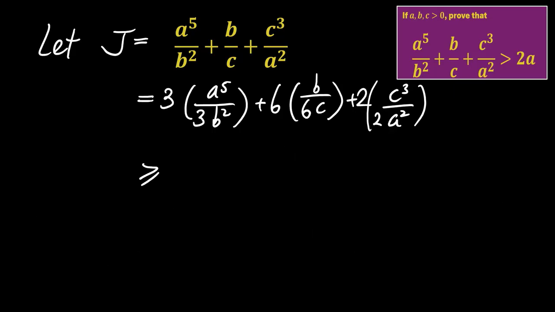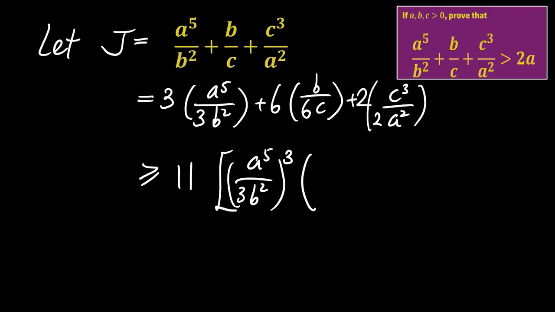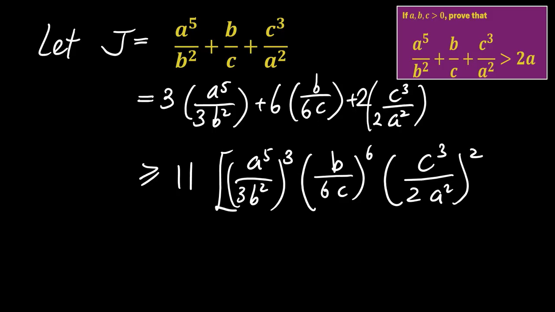So this will be greater or equal to 11 times a^5 over 3b squared to the power of 3, b over 6c to the power of 6, c cubed over 2a squared to the power 2, all to the power of 1 over 11. This will equal 11. So for a, it will be the power 15 minus 4. So a is to the power 11. For b, it's power 0 and c will be power 0.